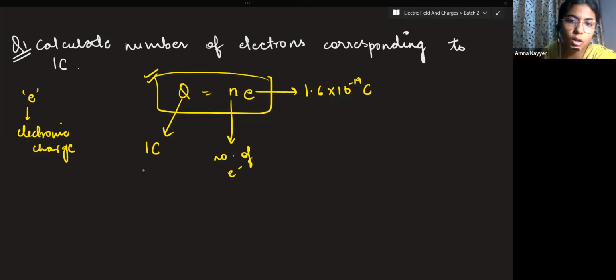Fatima, is this your number of electrons coming? Just check once again. So Kulsum is right. Akifa is right. Krishna, there's some error in your power of tens. Just check it once again.